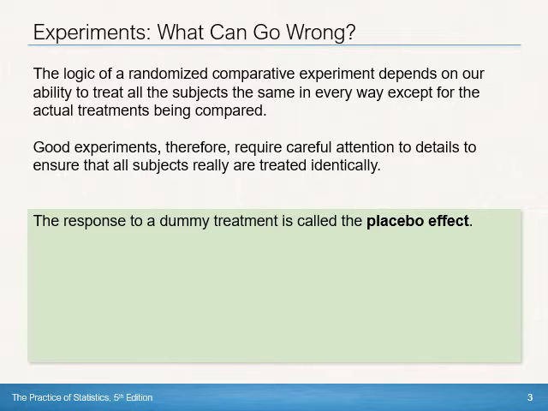So in other words, if people are in an experiment and you're doing something like a headache medicine, people will feel better just because they think they're getting some kind of treatment. And the treatment that we give them, the new headache medicine, may be completely useless. It may not do anything, but people will still feel better.